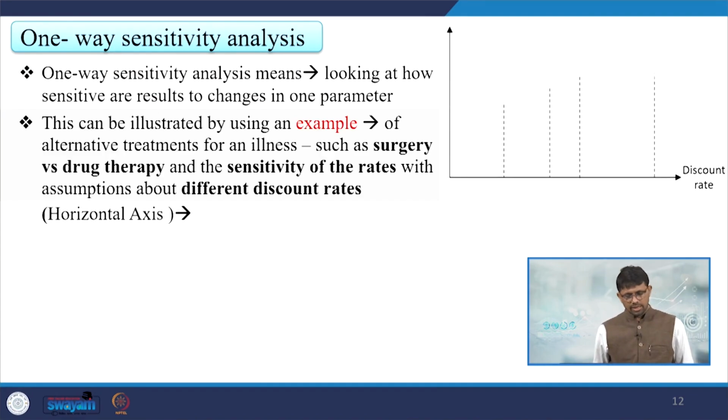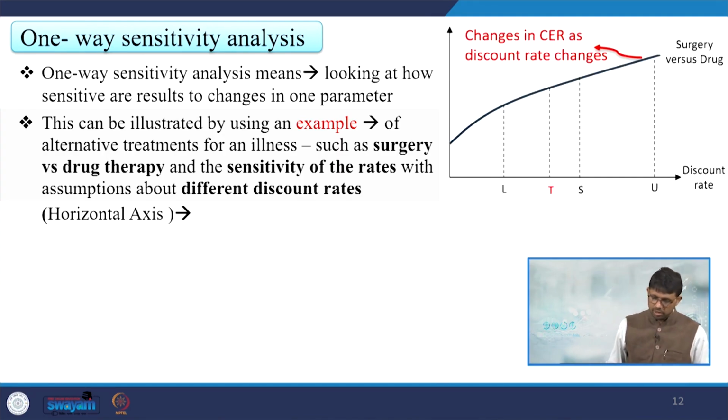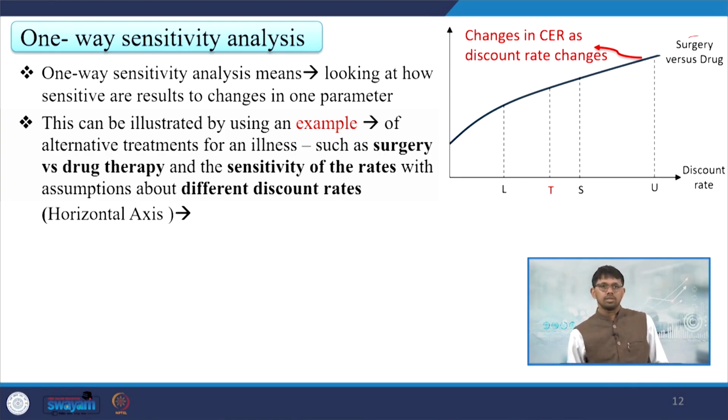This can be discussed with the example of alternative treatments for an illness, such as surgery versus drug therapy, and the sensitivity of the results to assumptions about different discount rates, which are given on the horizontal axis.